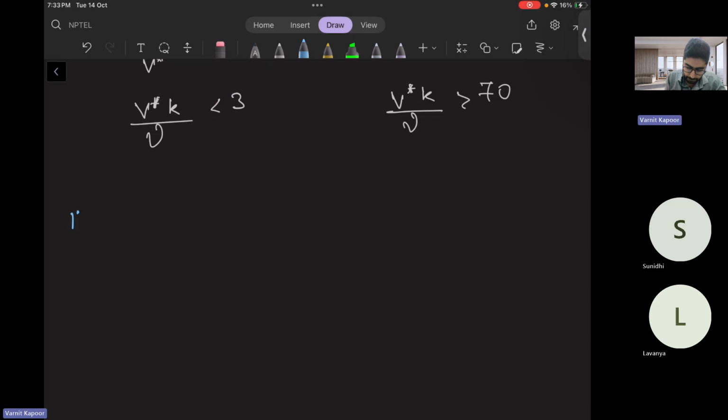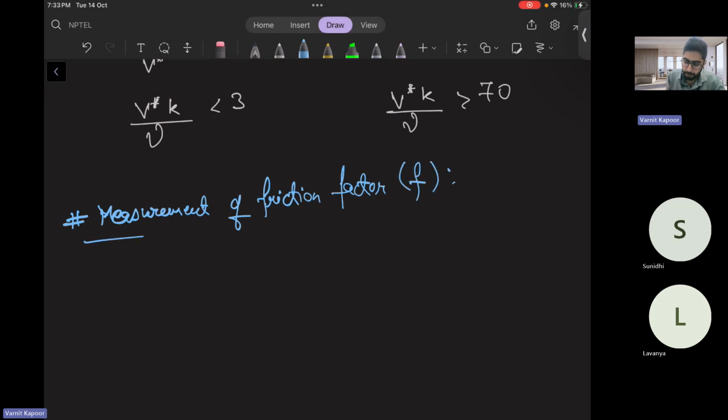Measurement of friction factor, that is F. F is your friction factor, right? There are two ways.